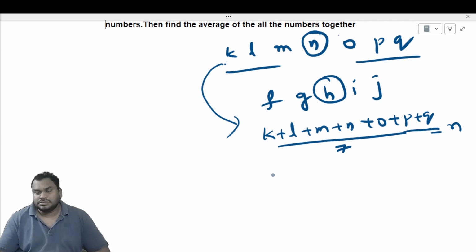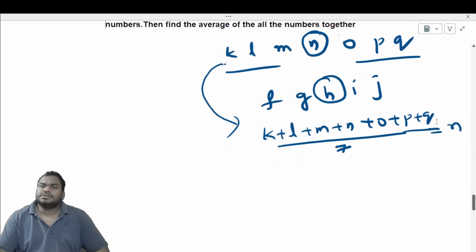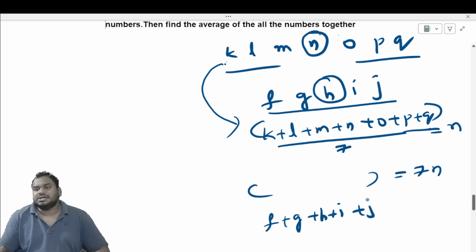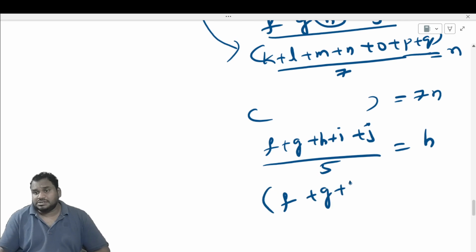From this, you can find the sum of these 7 numbers. So these 7 numbers will sum to 7N. The same way for this also: F plus G plus H plus I plus J divided by 5 is equal to H. Then F plus G plus H plus I plus J will be equal to 5H.